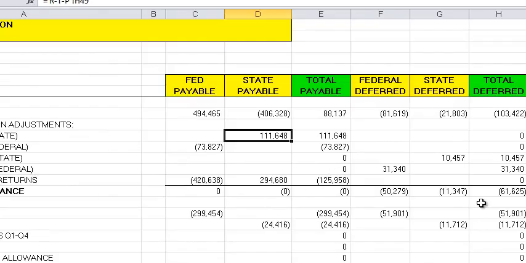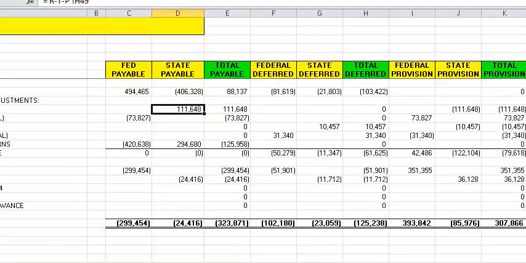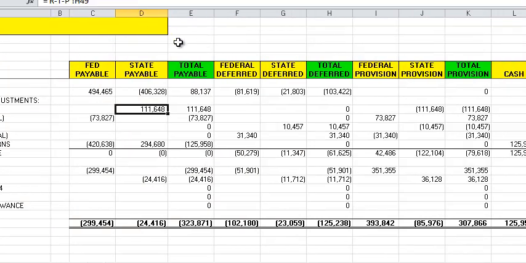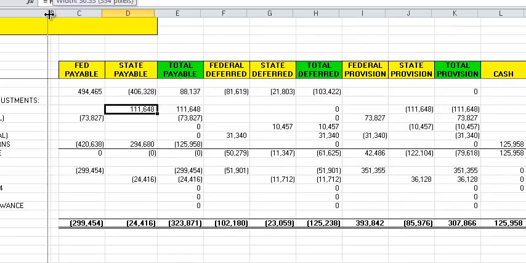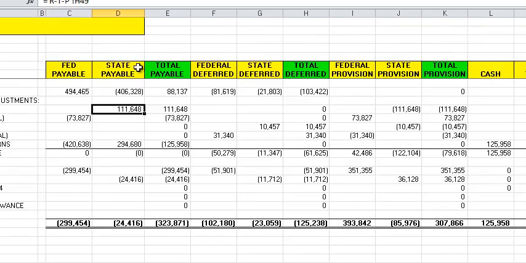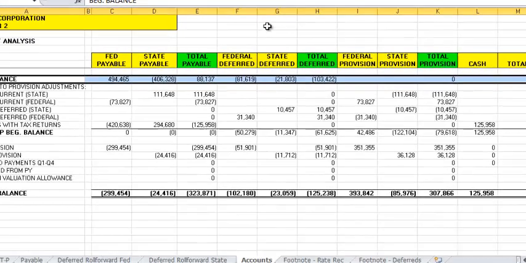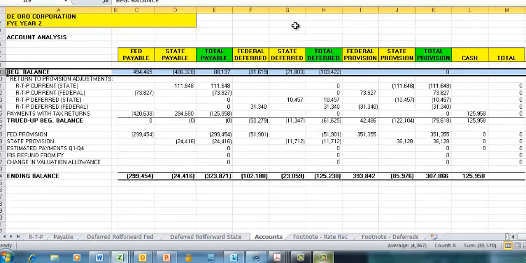So the way I did it, and you can do this multiple ways, but the way I like to do it is I like to go back to this accounts tab, and this beginning balance, that is my ending balance from year 1. Okay? So if nothing else is true, whatever you ended with last year, that is what you begin with next year.